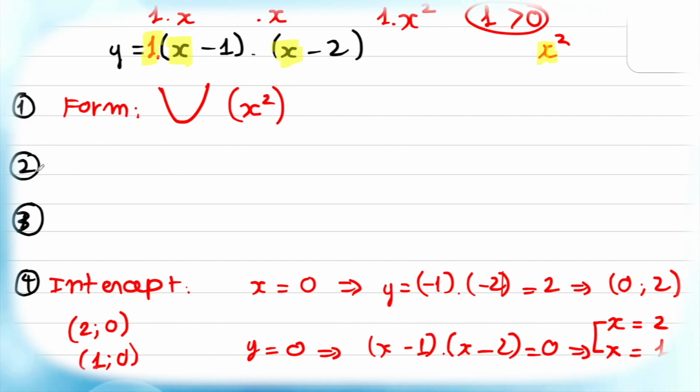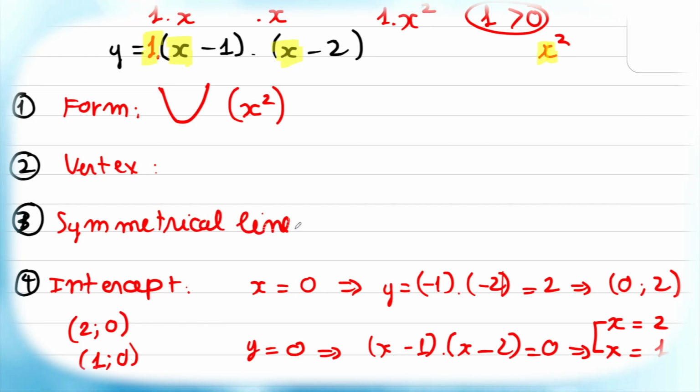The next thing we need to be careful about is the vertex, and the next one we need to determine is the symmetrical line. About the symmetrical line, this is a secret about the quadratic equation.